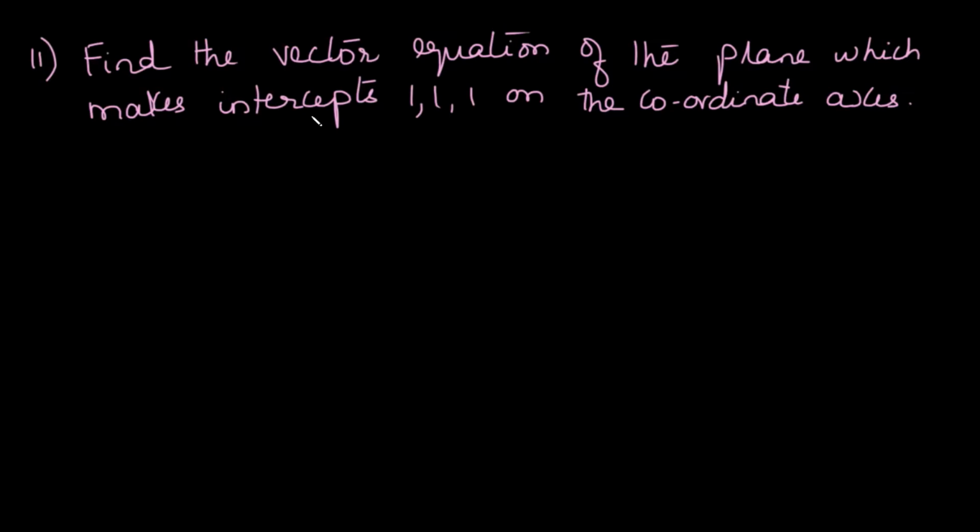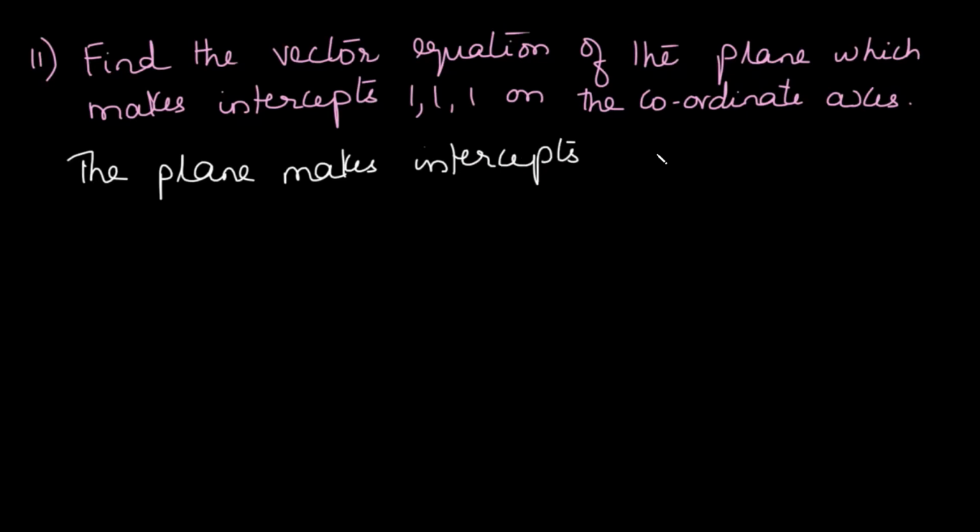So this means the plane touches the x-axis at x = 1, the y-axis at y = 1 and the z-axis at z = 1. So the plane makes intercepts 1, 1, 1 on the coordinate axes.